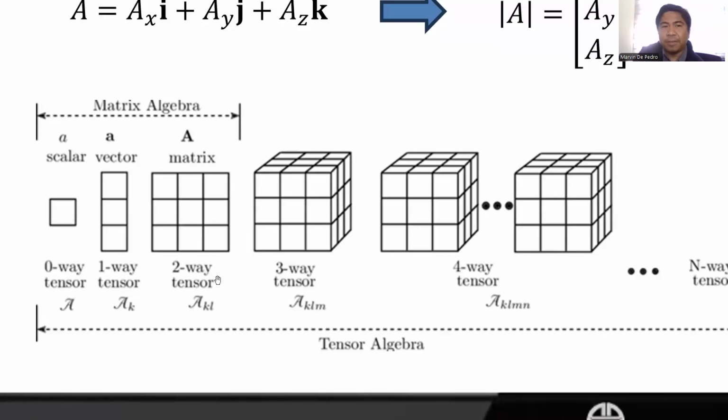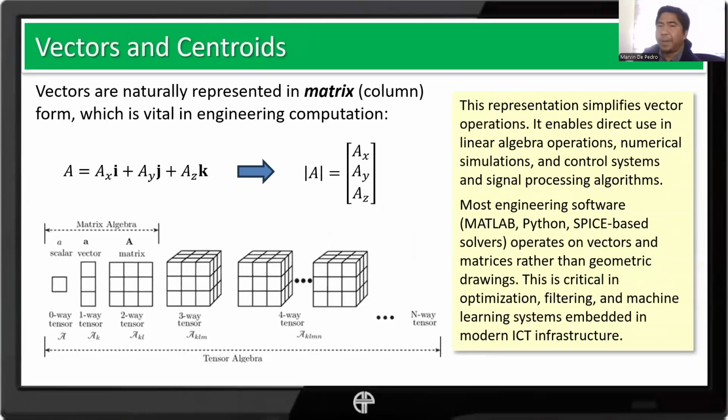If you take it further, you have the three-way tensor, four-way tensor, and so on. Of course, that will be too much already for us. In engineering, we normally focus on up to the two-way tensor. But for advanced machine learning applications, you have to try to understand the higher levels of matrix algebra.